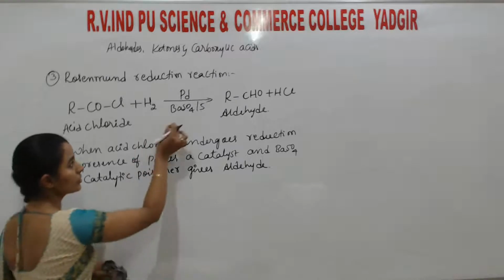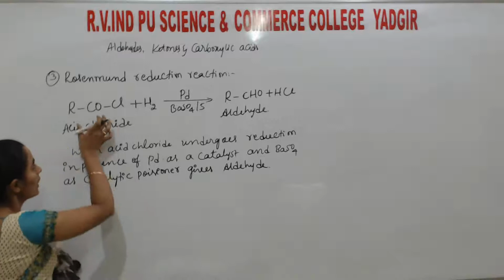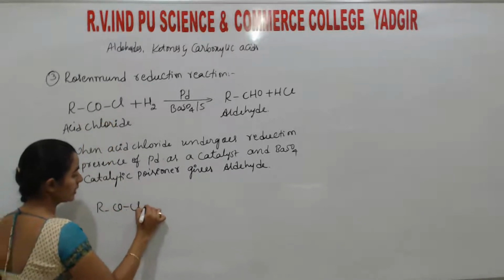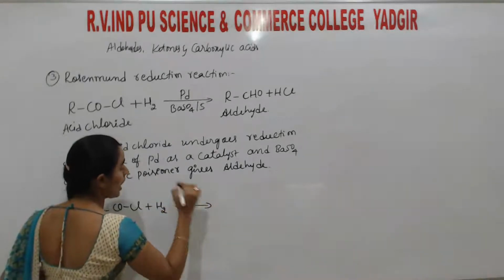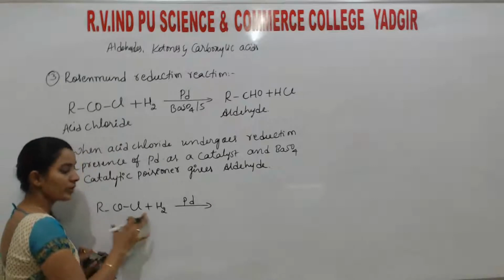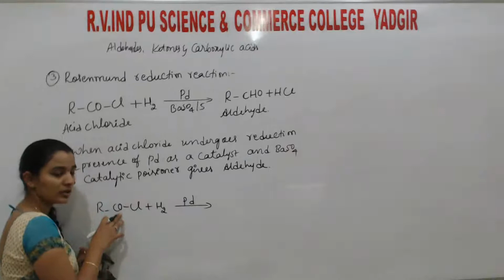Why we need to use this BaSO4 as a catalytic poison? If we use RCOCl in presence of H2 and only palladium, then as I told you, the addition of hydrogen takes place as well as removal of oxygen takes place.